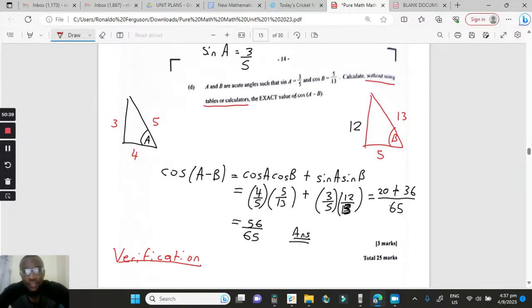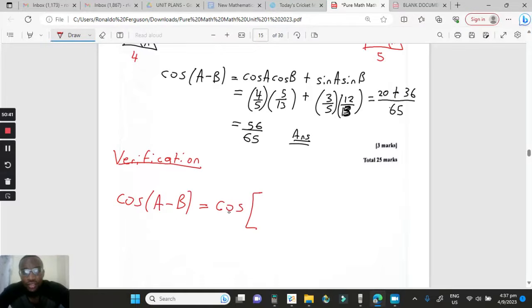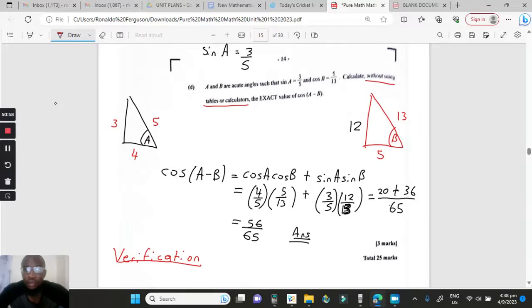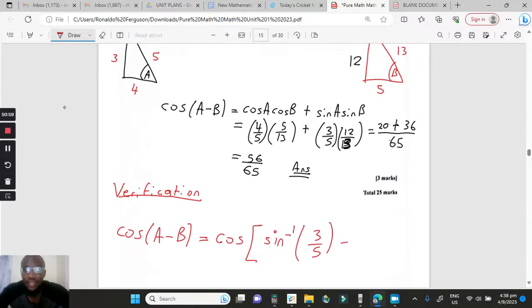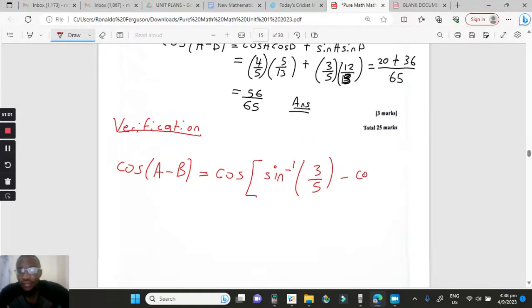If you wanted to find A, you'd do sine inverse 3 over 5. So it's cosine of sine inverse 3 over 5 minus, if you wanted to find B, B would be cos inverse 5 over 13. So this is just with our calculators. We're going to see if we're correct.